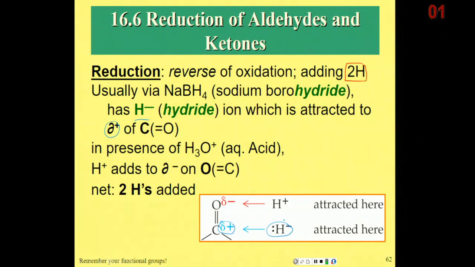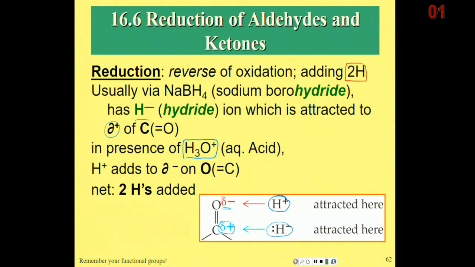The second part of the reagent used for this reduction is going to be hydronium, namely aqueous acid. If you put acid in water, it contains hydrogen ions that are correspondingly attracted to the negative end of the carbonyl. So the result is you're going to add two hydrogen atoms: one hydrogen ion and one hydride ion together comprise two hydrogen atoms.